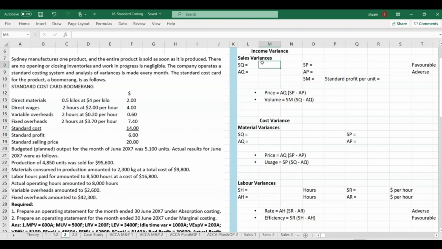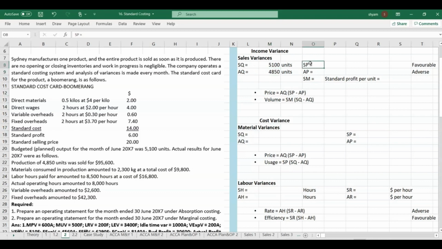First one is sales variance. We have to get the standard quantity they thought of selling. Sorry, they thought of producing and selling 5,100 units, and actually how much they sold was 4,850 units.